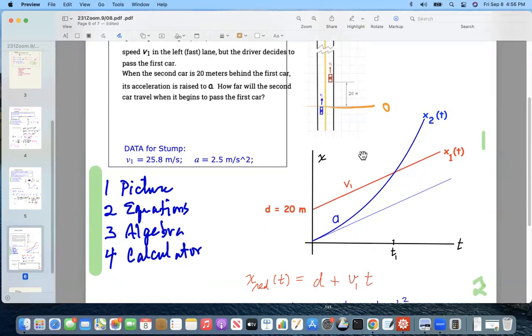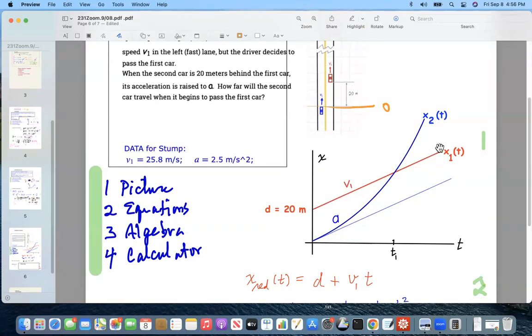And then the red car just continues traveling along with the same velocity, v1. So the graph is a straight line with slope equal to v1. v1 is given. That's the speed of the red car, 25.8 meters per second. But I'm not going to write 25.8 meters per second here.